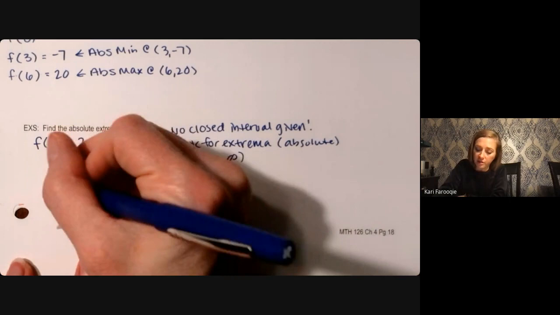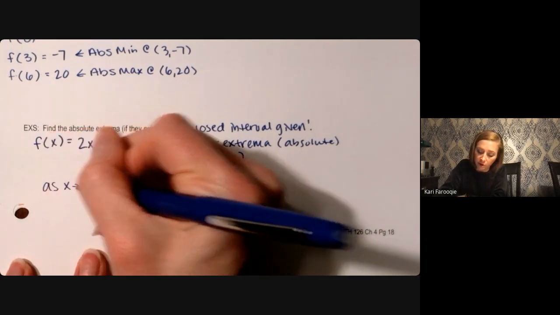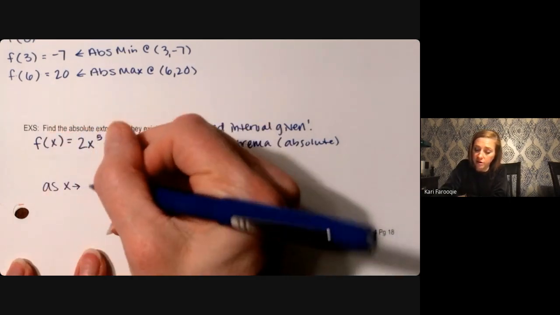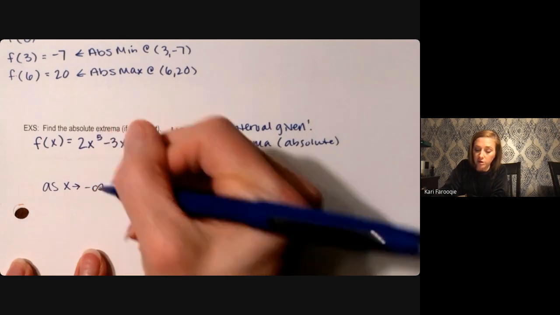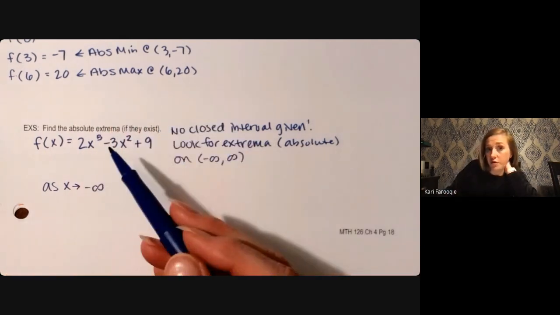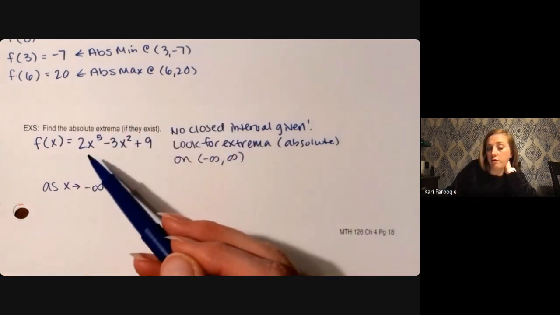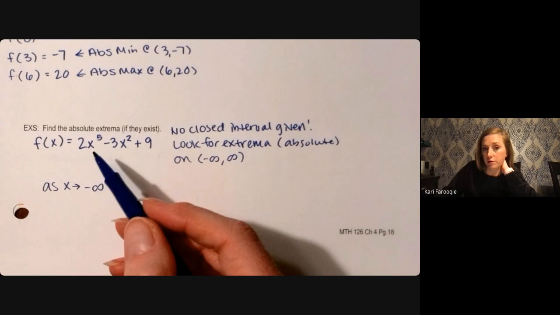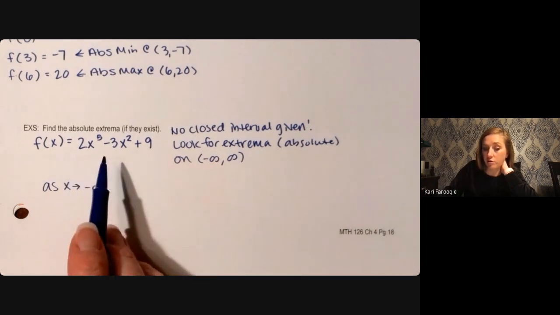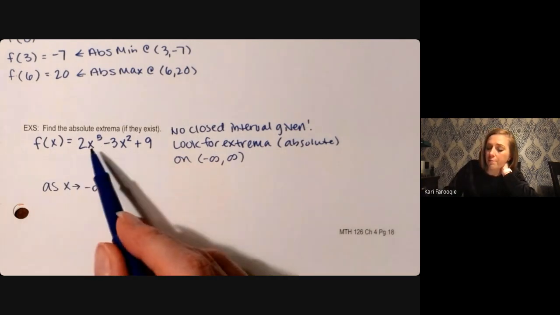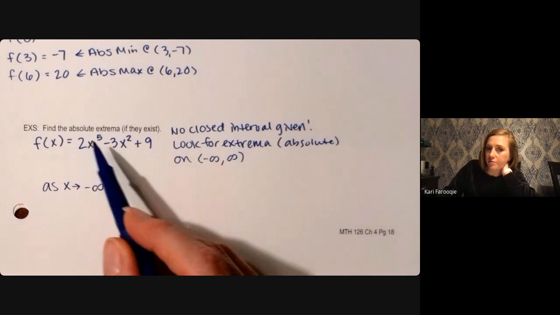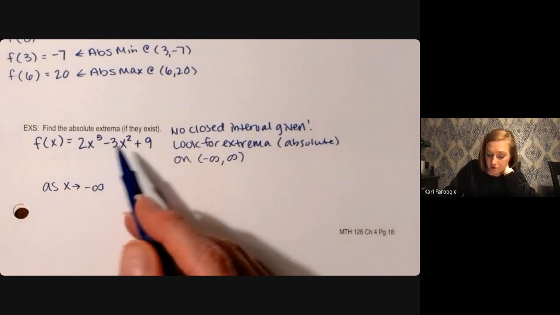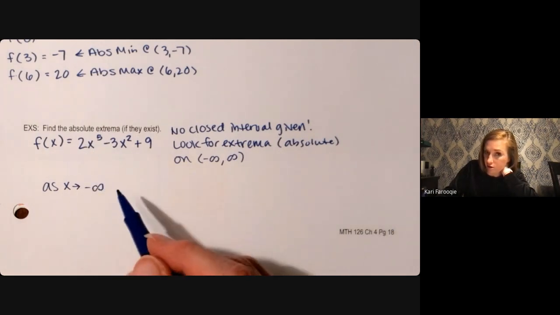So for instance, as x gets increasingly small and heads off towards negative infinity, the behavior of this function is going to follow the behavior of the leading term. The lead term is the one with the highest power on the variable. So in this case, 2x to the 5th. Negative infinity to the 5th power is still negative infinity.